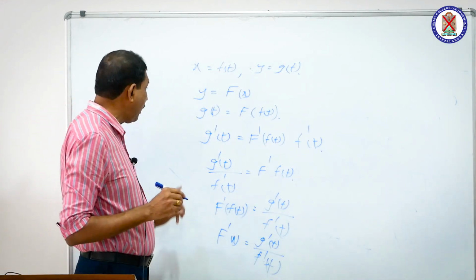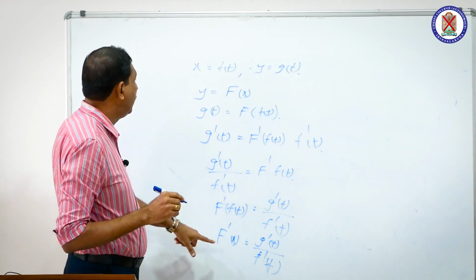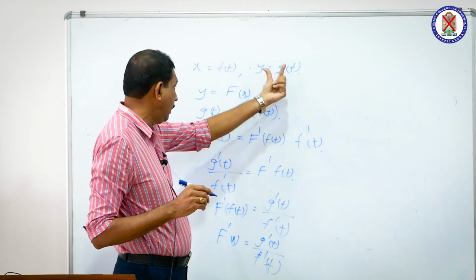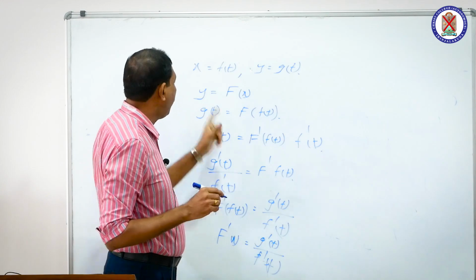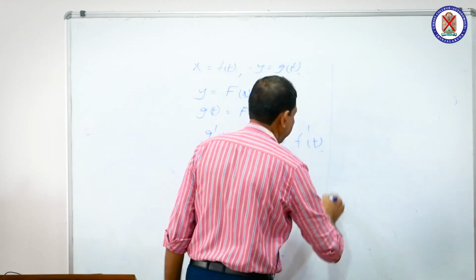Therefore, in order to differentiate y equal to f of x with respect to x, first we will differentiate g of t with respect to t, that is g dash t, divided by f of t differentiated with respect to t.